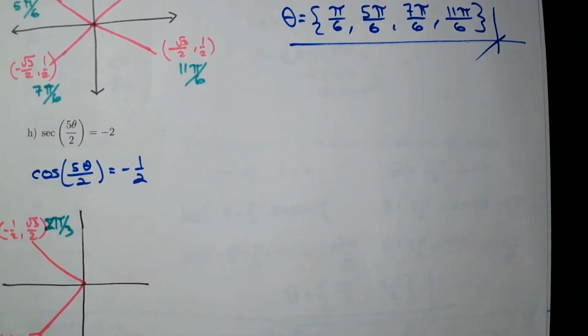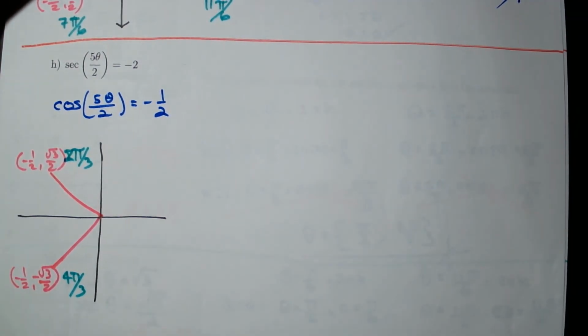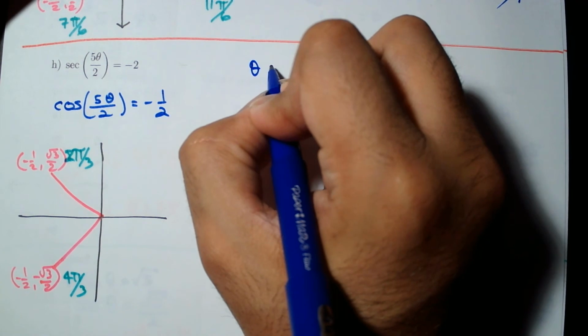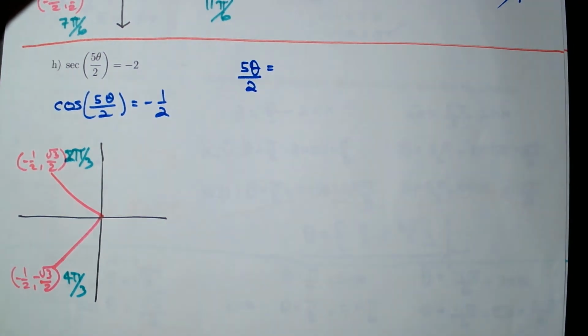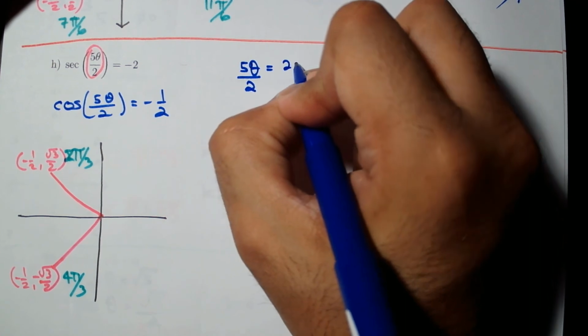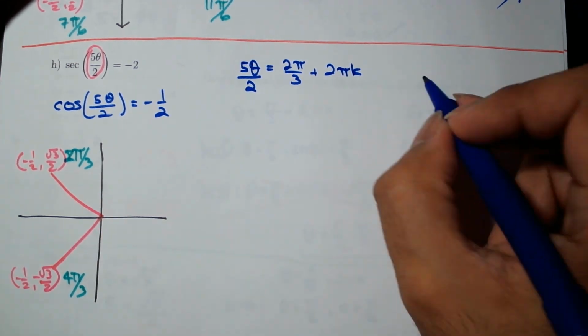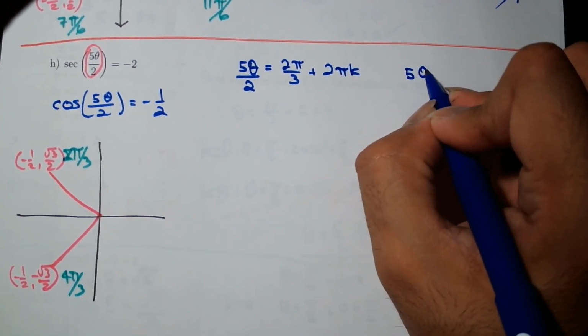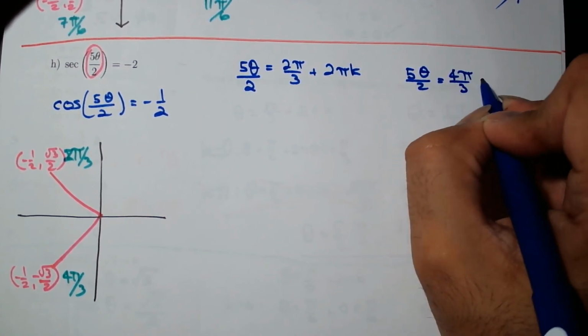Let's write down the two general formulas for the solutions. On the one hand, 5 theta over 2, the whole thing, gets set equal to 2 pi over 3 plus 2 pi k. And on the other hand, 5 theta over 2 equals 4 pi over 3 plus 2 pi k.